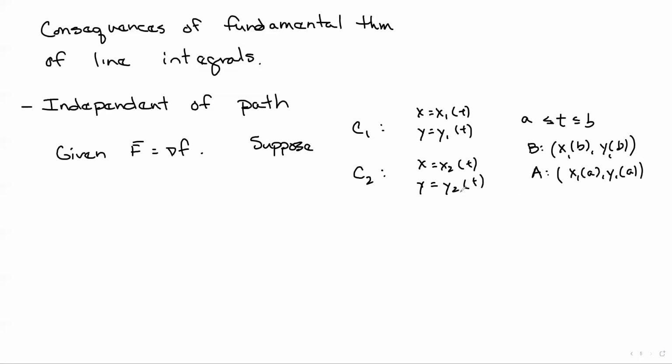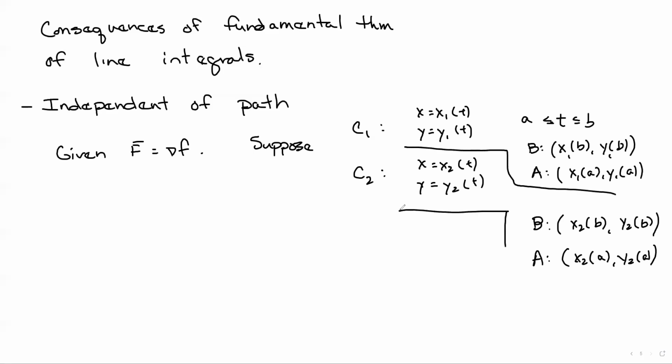And then for curve 2, we have endpoints B, which is x2 of b comma y2 of b, and A, which is x2 of a comma y2 of a. We know that those are the same, so I can use the same letters. So curve 1 and curve 2 have the same endpoints.